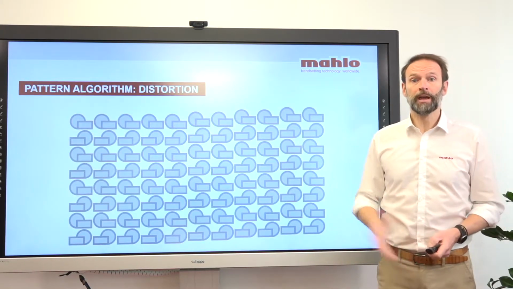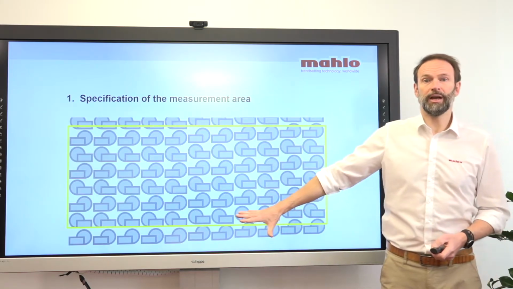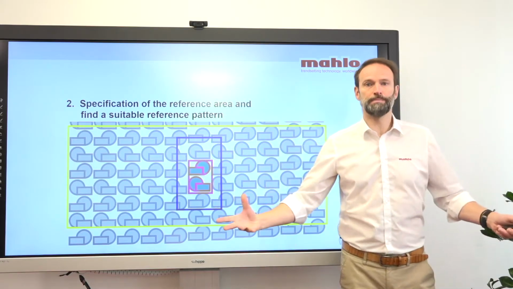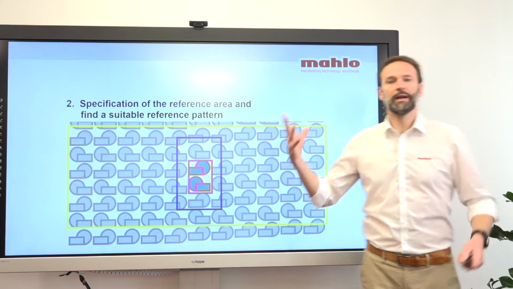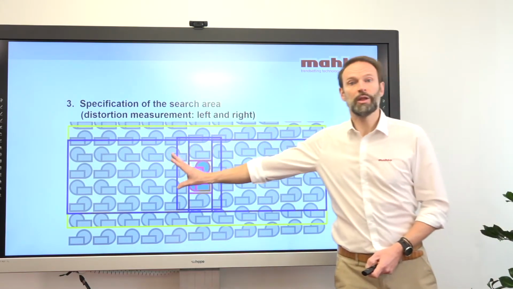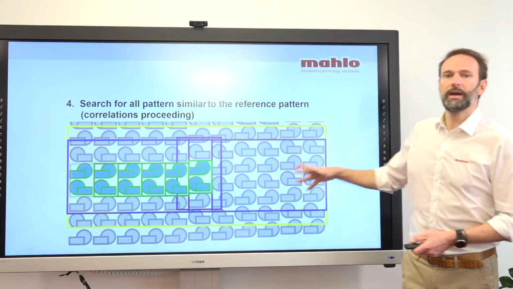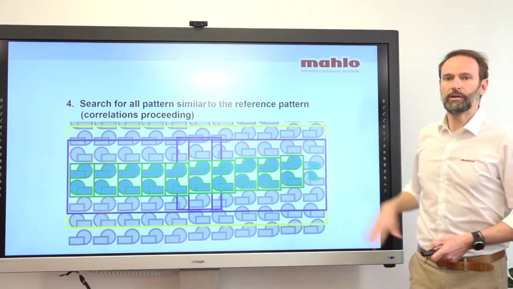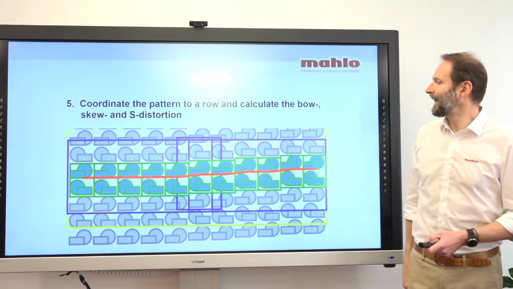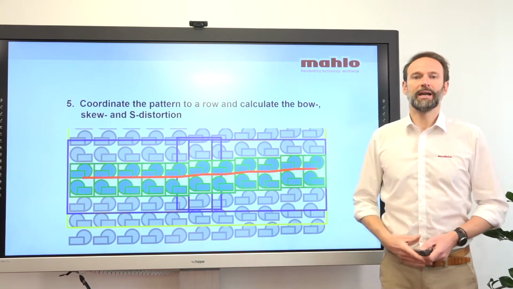How does it work? First of all, our system is looking for a measurement area. Inside that measurement area, we are looking for a reference pattern quite easily. And once we have that reference pattern, we are looking to the right, we are looking to the left, and we see how this reference pattern is appearing on those left-right orientations. And then what our system does is it is drawing a line, and we see immediately whether or not there is a distortion.